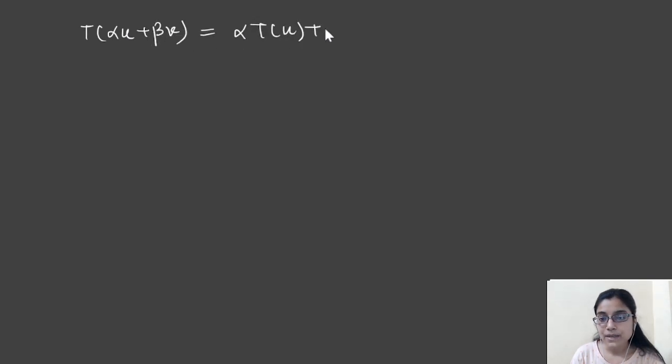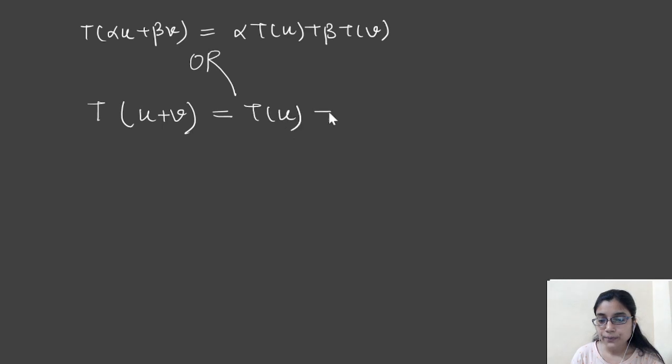Instead of this direct thing, that is T of alpha u plus beta v equals alpha times T of u plus beta times T of v, they have given it in 2 steps. Whether you satisfy this, or what you can do: T of u plus v must equal T of u plus T of v, and T of alpha u must equal alpha times T of u.